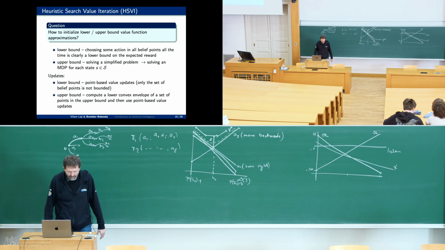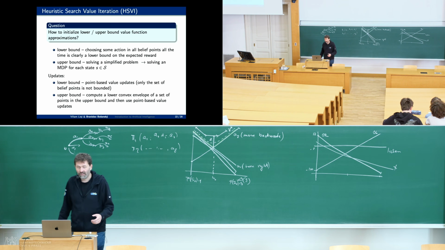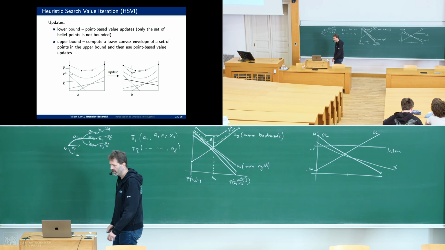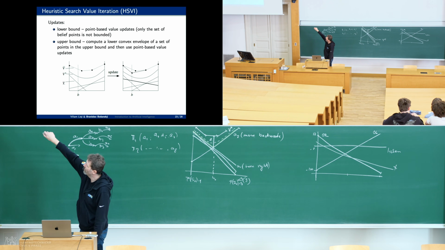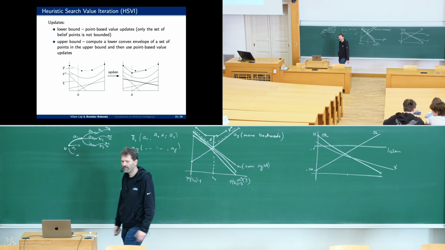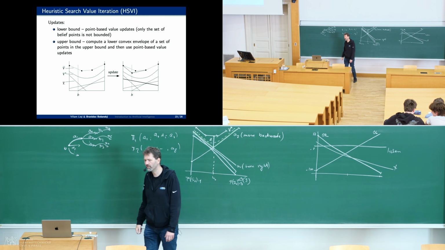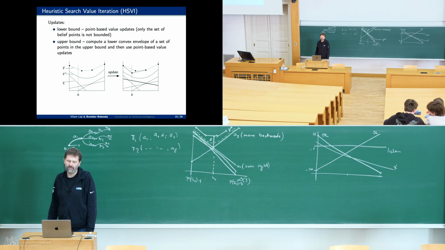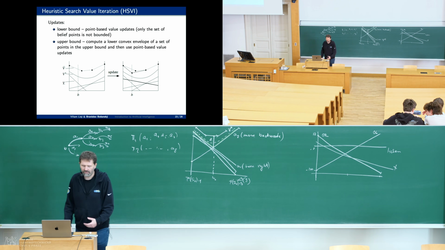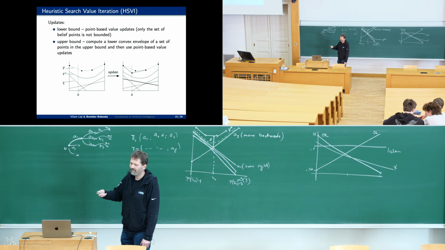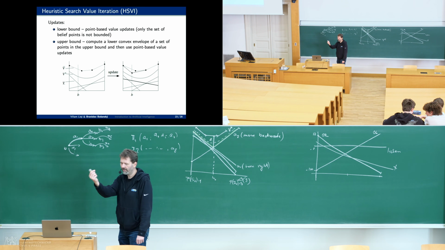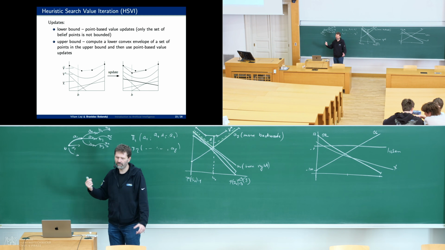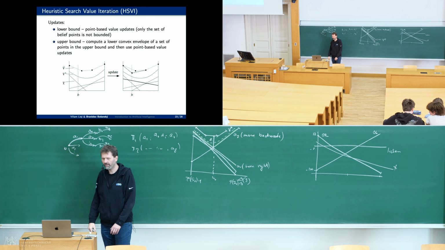How do we perform the updates? Basically, we have two representations. The updates for the lower bound are as before. We have alpha vectors that correspond to policies, and the upper bound is slightly different because we start with MDP state values for every point in the corner of the simplex. We have some points, and from these points we are creating a lower convex envelope.